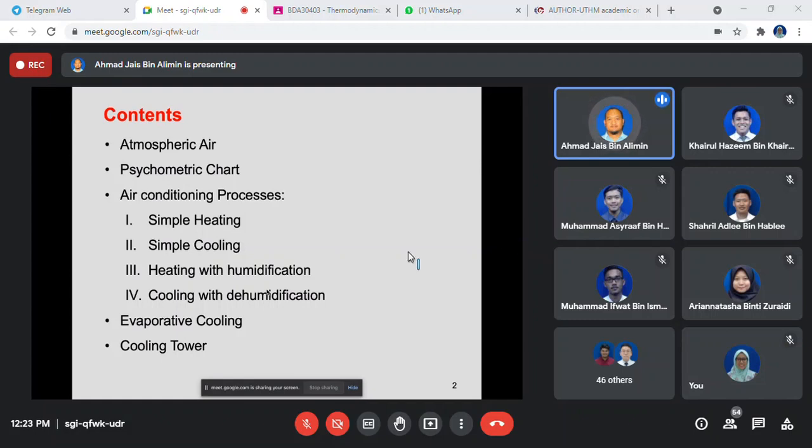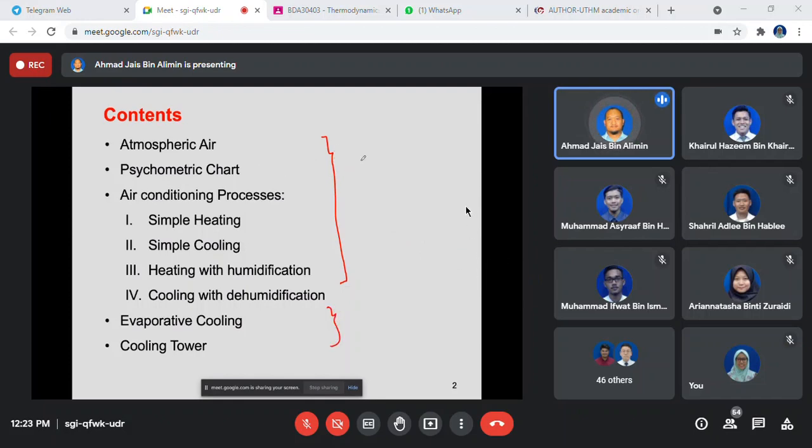The chapter also follows with the topic on evaporative cooling as well as the cooling tower. So looking at here, these two main sections.